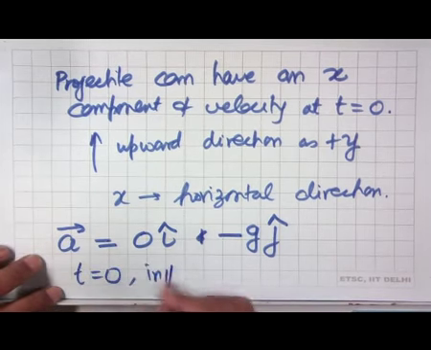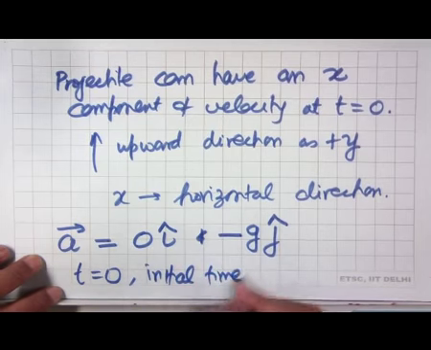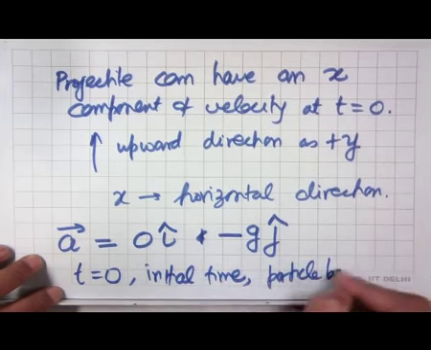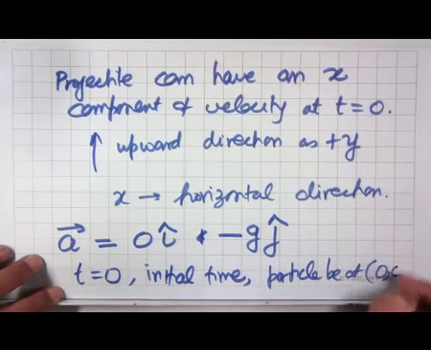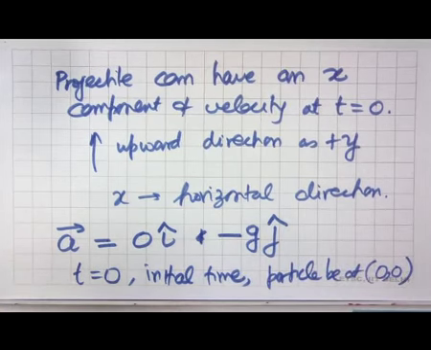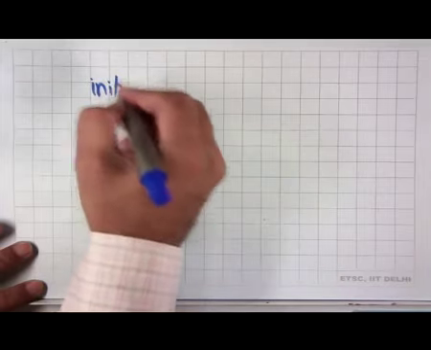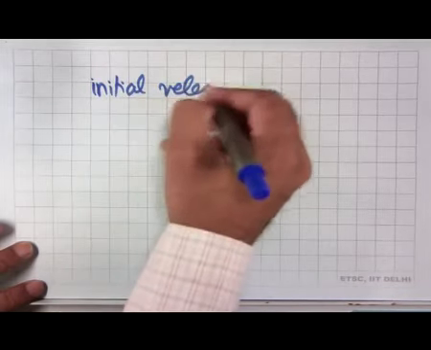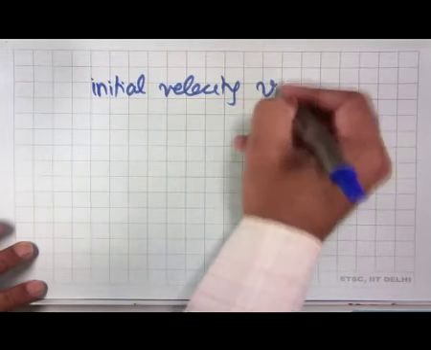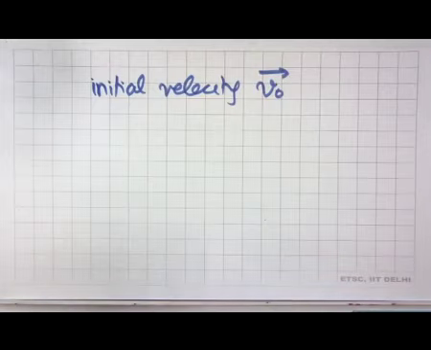We take t equal to 0 as the initial time, and let the particle be at 0, 0, that means at the origin at time t equal to 0, and its initial velocity is given by v 0.